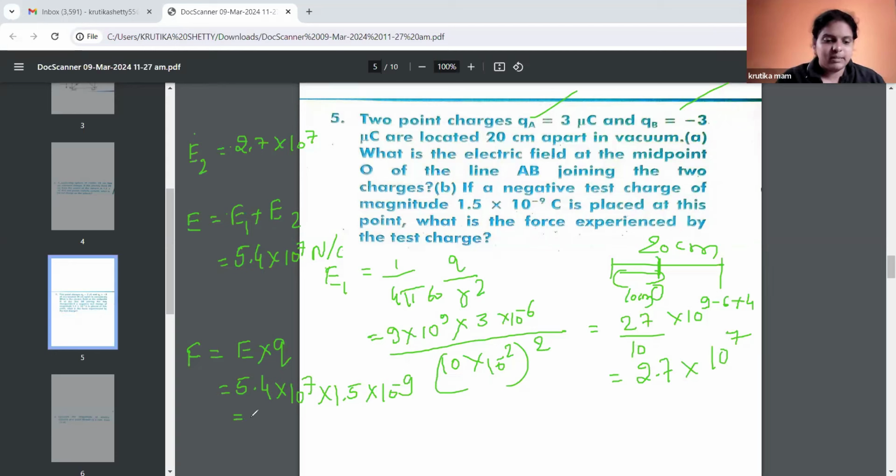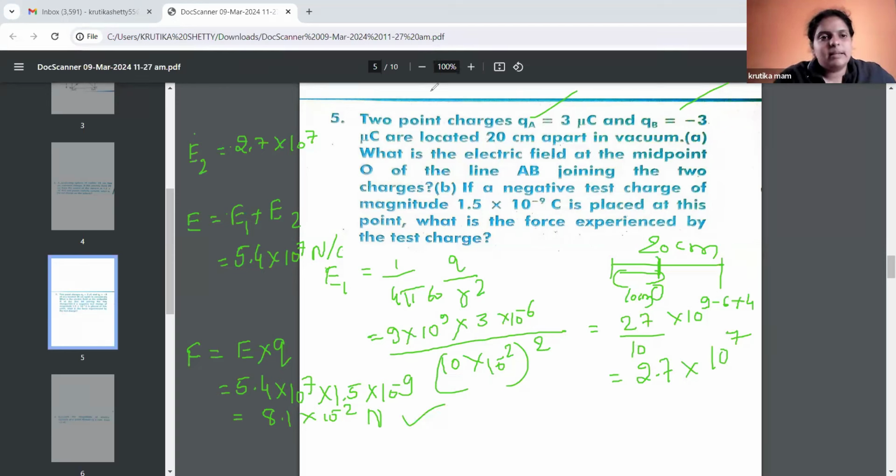I thought it is plus. So here we are getting 8.1 into 10 raised to 7 minus 9, which is 10 raised to minus 2. Since they are asking for force, it is in terms of Newton: 8.1 into 10 raised to minus 2 Newton. So this is the force experienced by the test charge. This is the final answer.